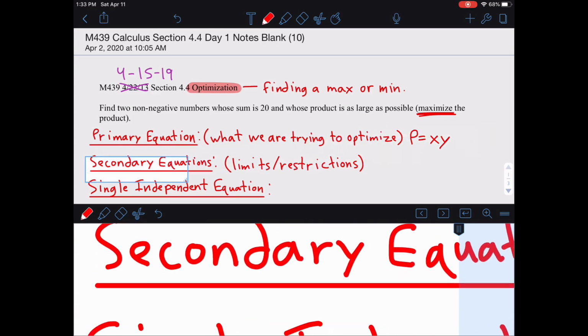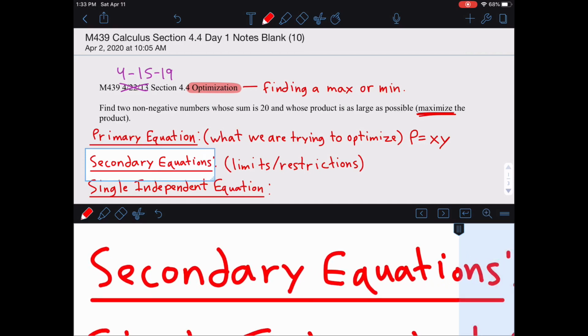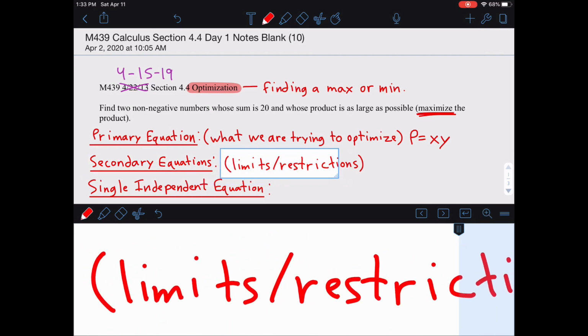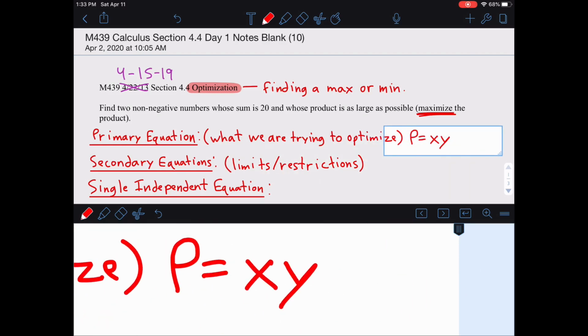Next up, we have secondaries. I write secondary equations here, but as you'll see, these can also be inequalities. Secondaries are going to be some limits or restrictions in the scenario that are going to prevent us from making the product, in this case, as large as possible. Because couldn't I let X be 1,000,000 and let Y be 100,000,000 and then get a gigantic product?